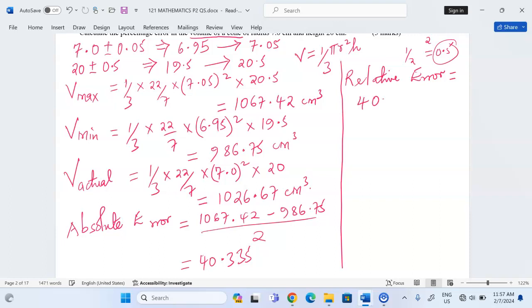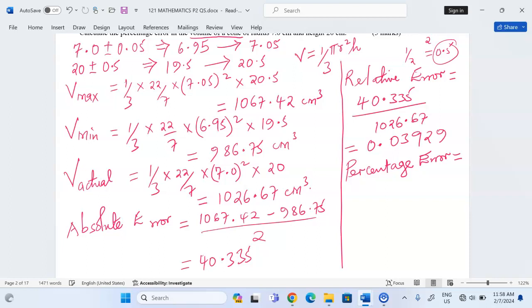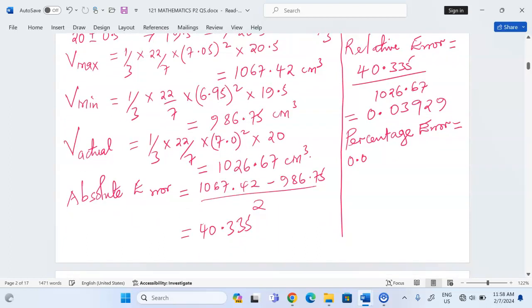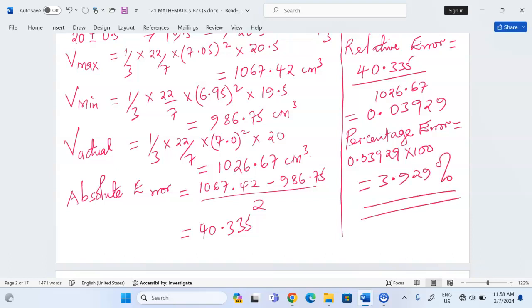So when we take the absolute error and we divide by actual volume, 1026.67, we're going to get 0.03928 or 929, which means now the percentage error, which is usually given by relative error times 100, will be 0.03929 times 100, and this is going to be 3.929%.